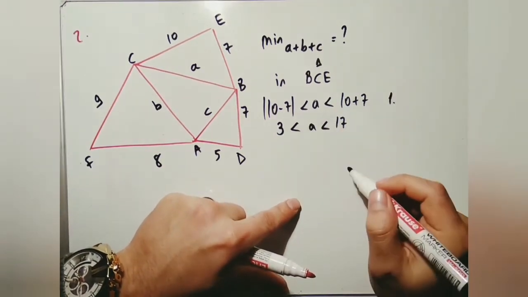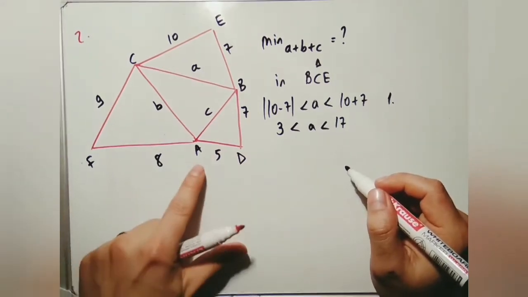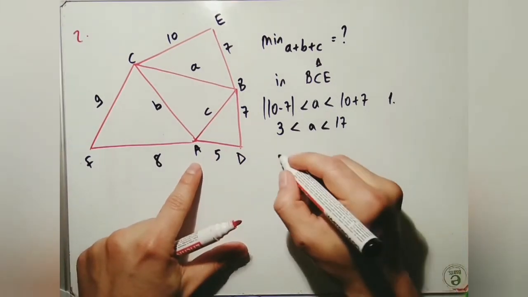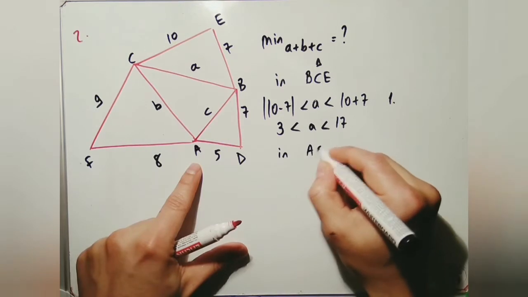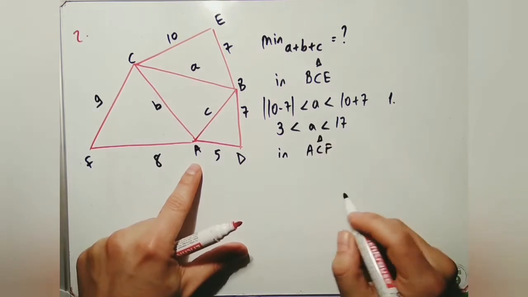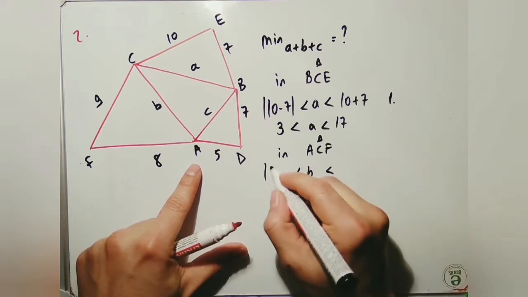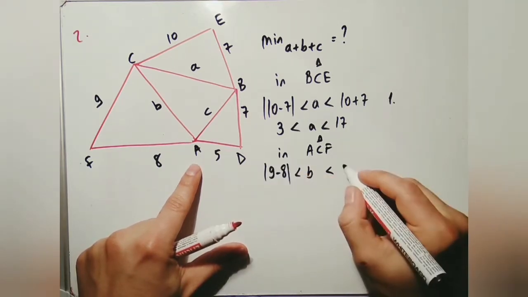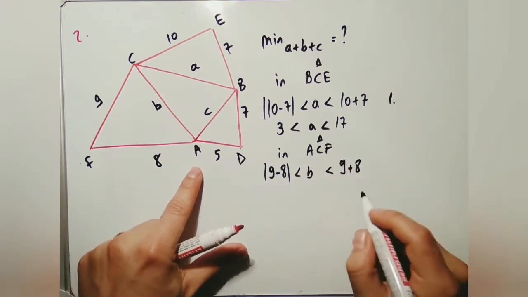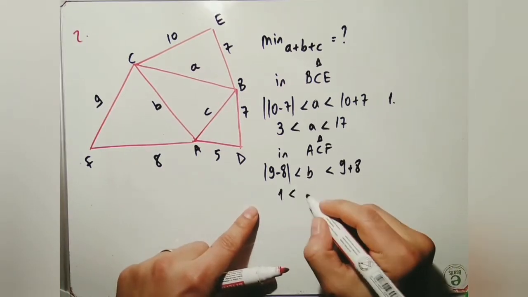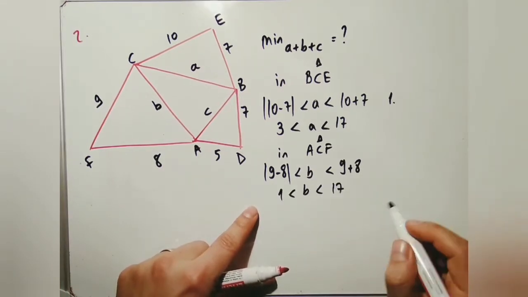That is the first. And the second, let me take triangle ACF. So B is between the absolute value of 9 minus 8 and 9 plus 8, which is going to be 1 is less than B is less than 17.